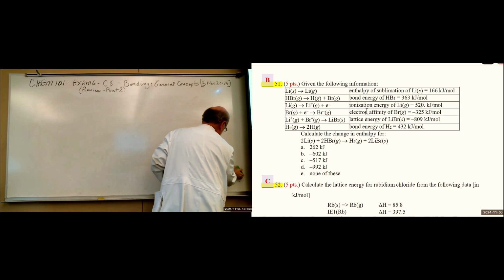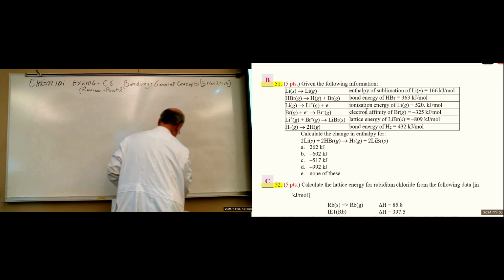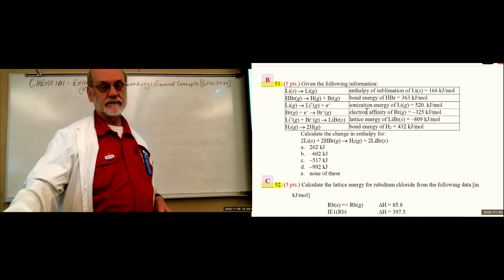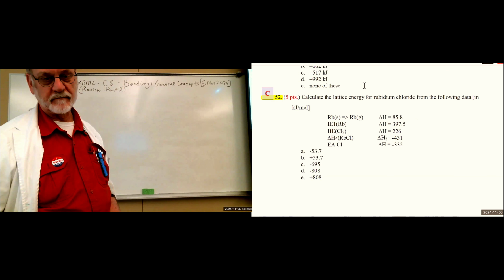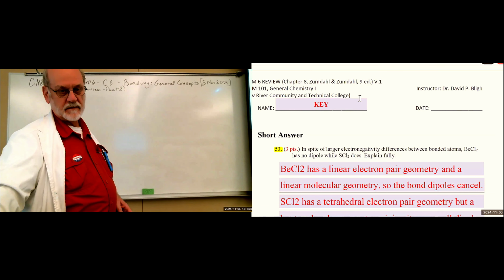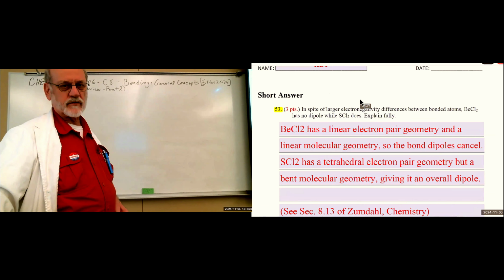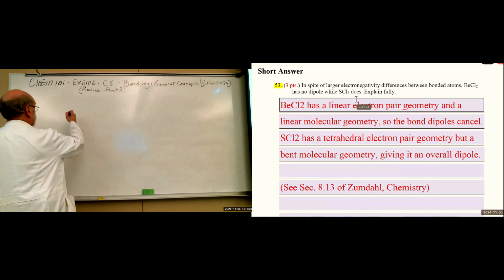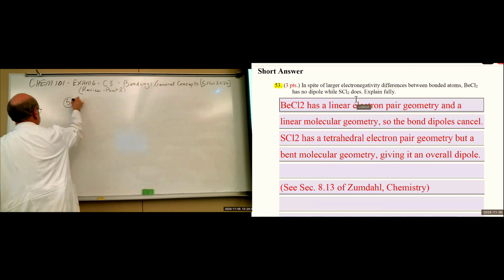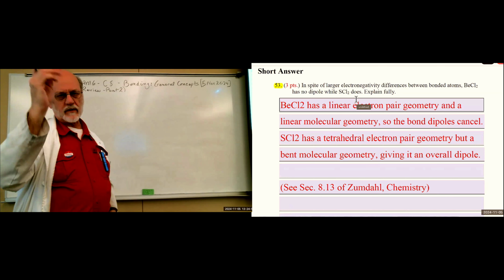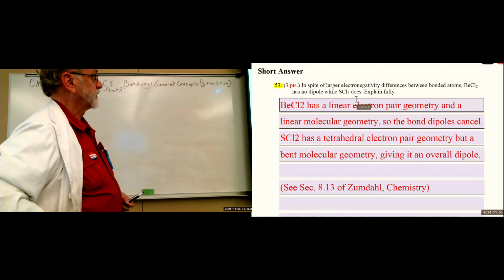But we work it the same way. It's a Hess's law problem, number 52. Okay, short answers. All right, we are getting close to the end. And if we have time, we'll come back to that one we just skipped.